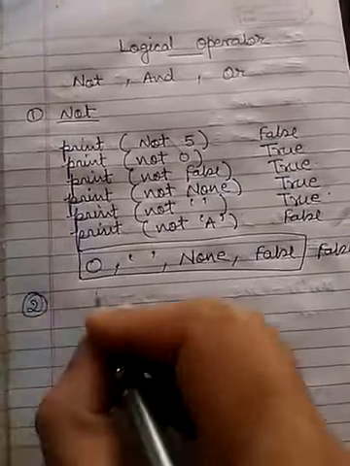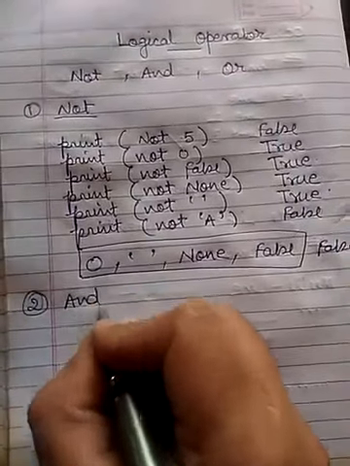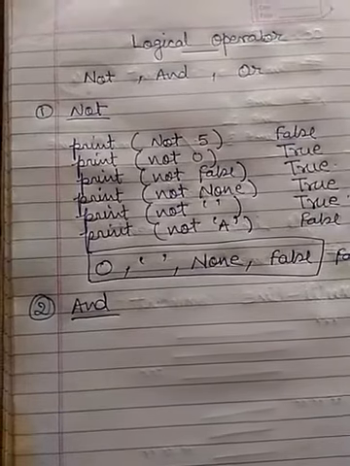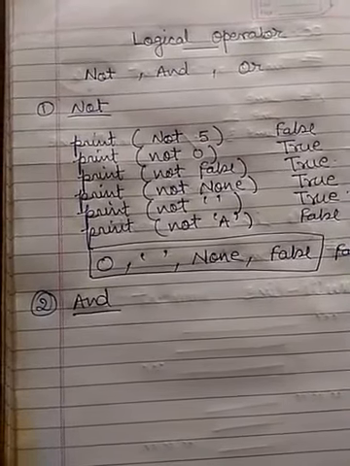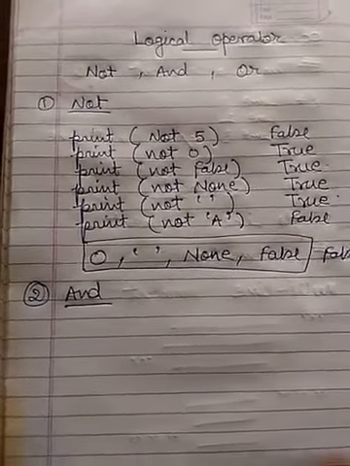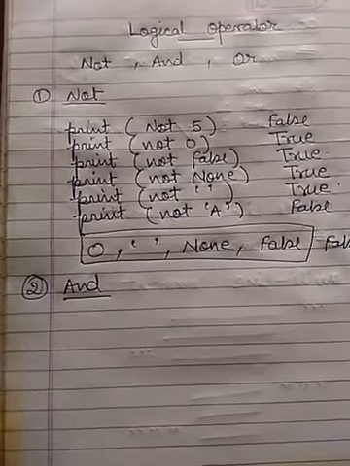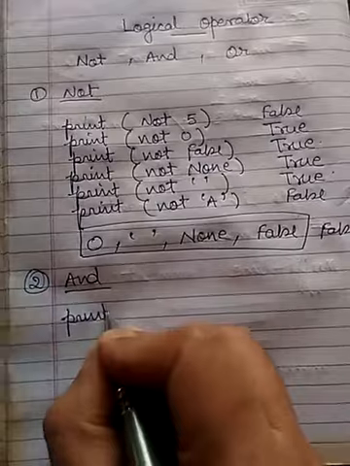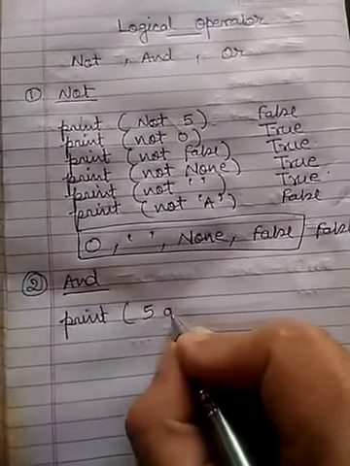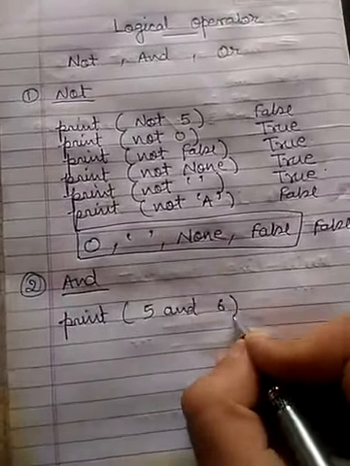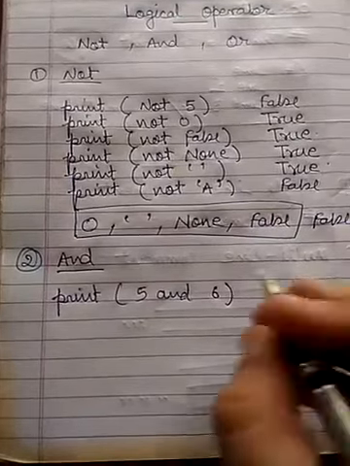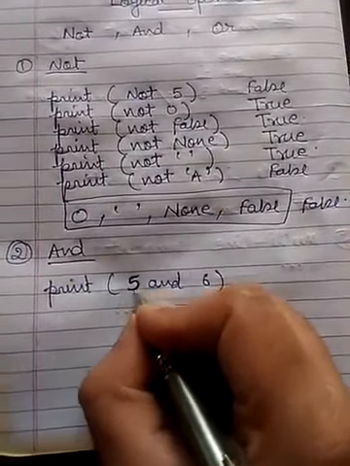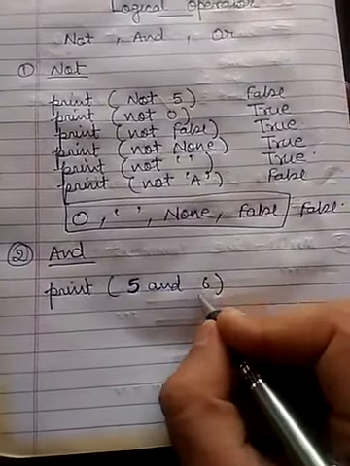Now let us talk about the second operator, that is AND. The AND operator is a binary logical operator which works on two or more operands. So if I write print 5 and 6, in the AND operator what happens? If the first condition is true, then the interpreter moves to the second value.